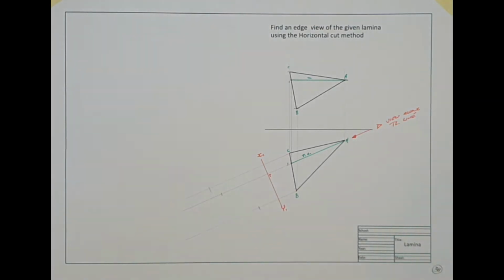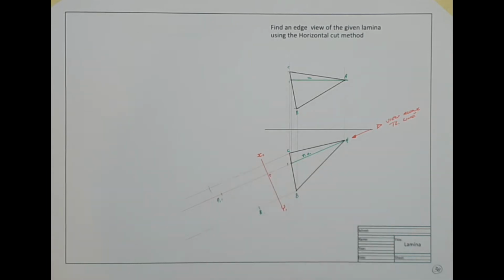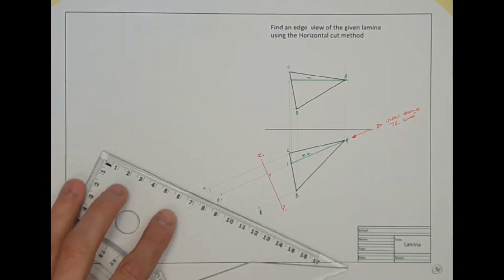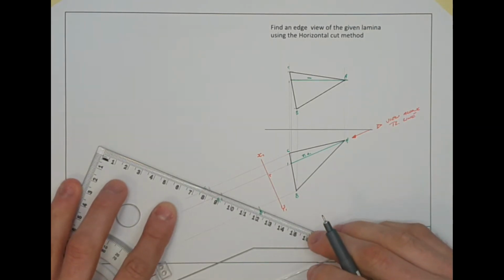So I end up with point B there, A, comma 1 there, and C out here, which should give me a perfect edge view of the plane. There we go.